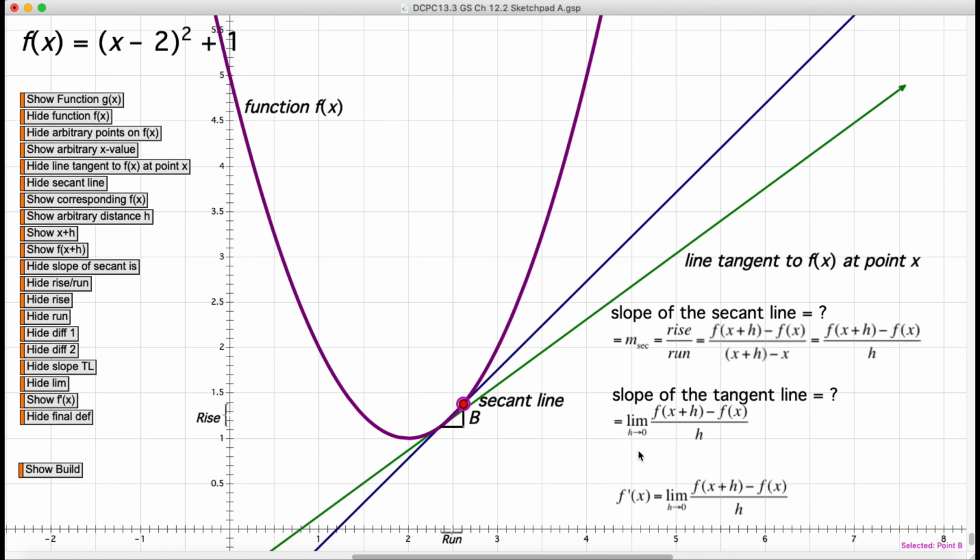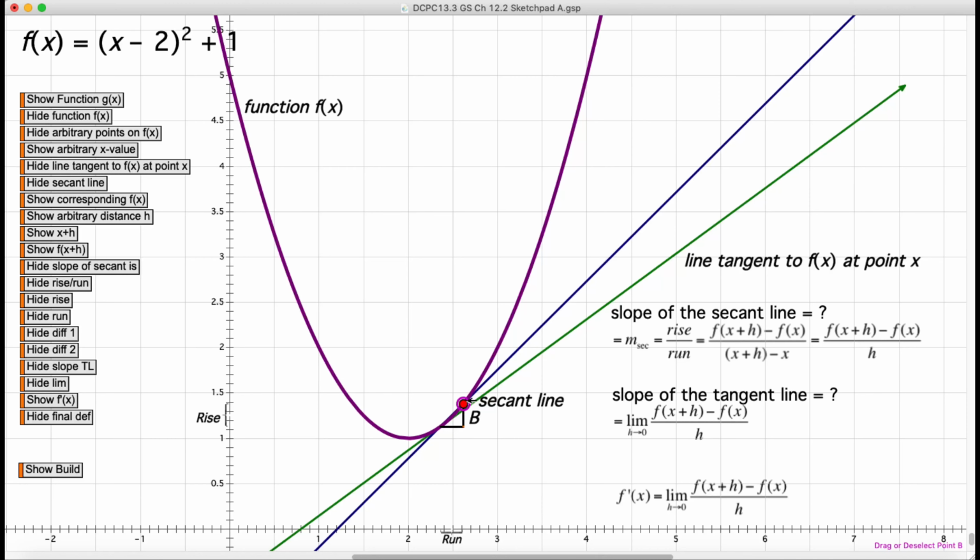So think of the smallest number you can think of, the one that's closest to 0, and then make it even closer. So you've got 0.00000000001. You can make it even closer. And so that's what our limit allows us to do. Our limit allows us to evaluate the slope of the secant line where my run is 0, essentially, where that h value is 0.